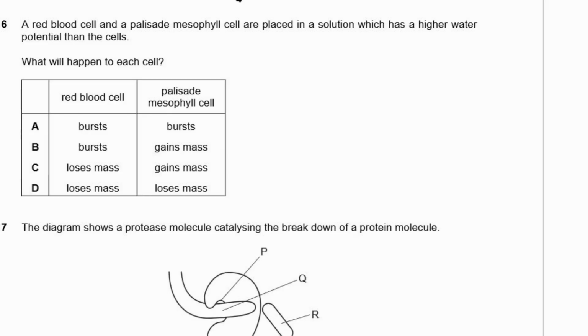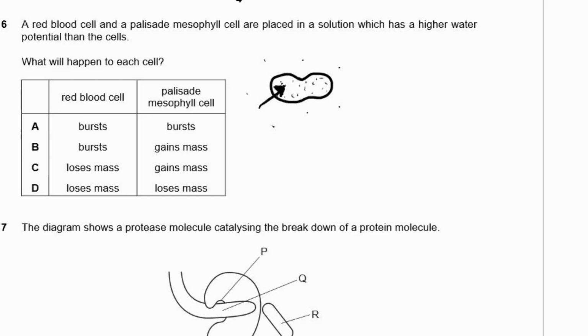Question 6. A red blood cell and a palisade mesophyll cell are placed in a solution which has a higher water potential than the cells. What will happen to each cell? Okay, so a red blood cell, that's our biconcave red blood cell, has lots of dissolved stuff inside. If the solution has a higher water potential, that means there's more water than other dissolved stuff. And so the water will go in to where there's less water.